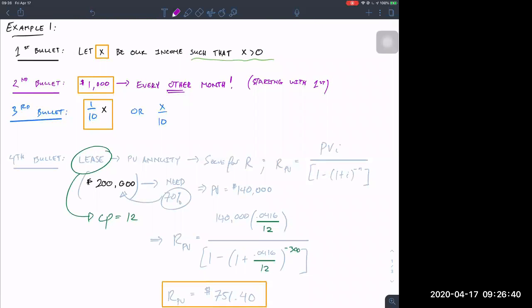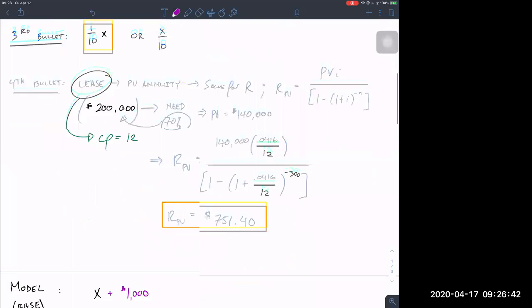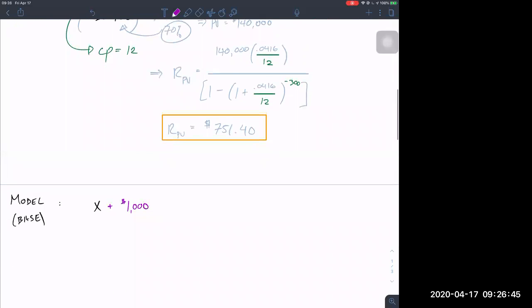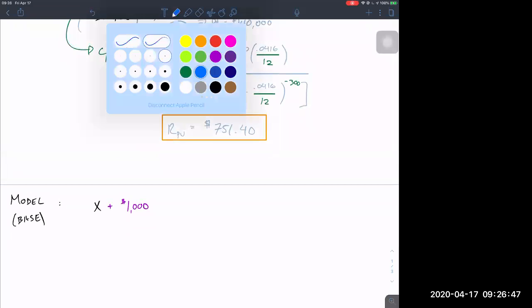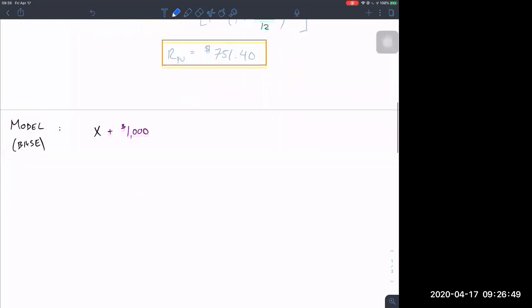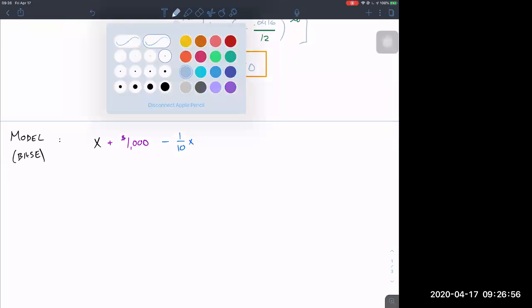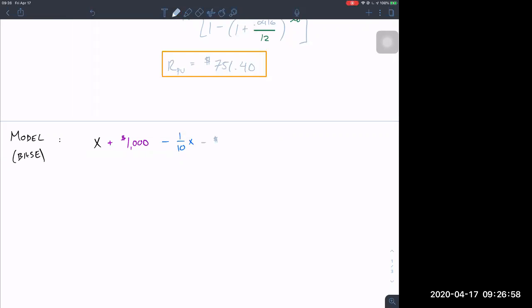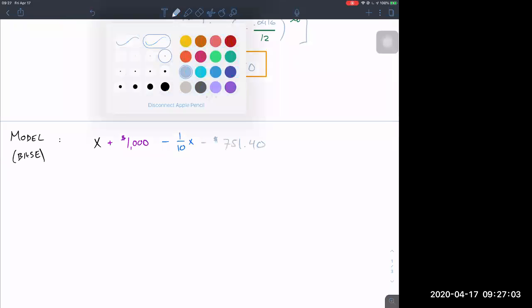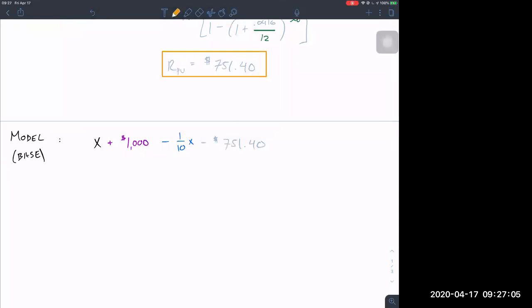What you have to pay your employees, which is the 1/10 of your X, and then this monthly lease payment. What is that? I wrote in blue, right? Yeah. So minus 1/10 X and minus 751.40. So remember, before you answer any questions, you always have to give me the base model so I know where you're starting at, right? Base model or your model.